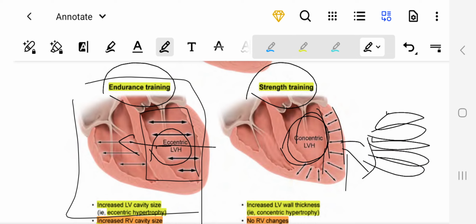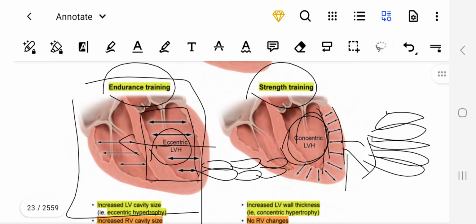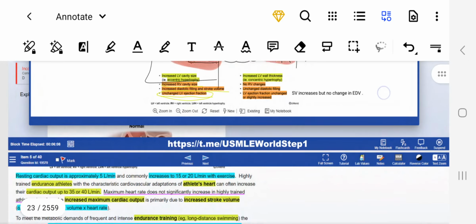But over here in eccentric hypertrophy, let's say we have this normal one, the muscle fibers will be increased in series, right? So that's why the wall is remaining the same in thickness, but the cavity size would be increased, right? So this is the difference. Okay.